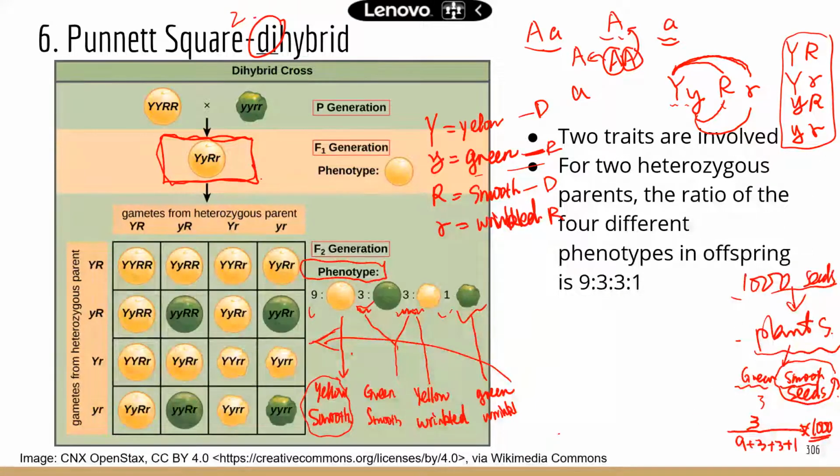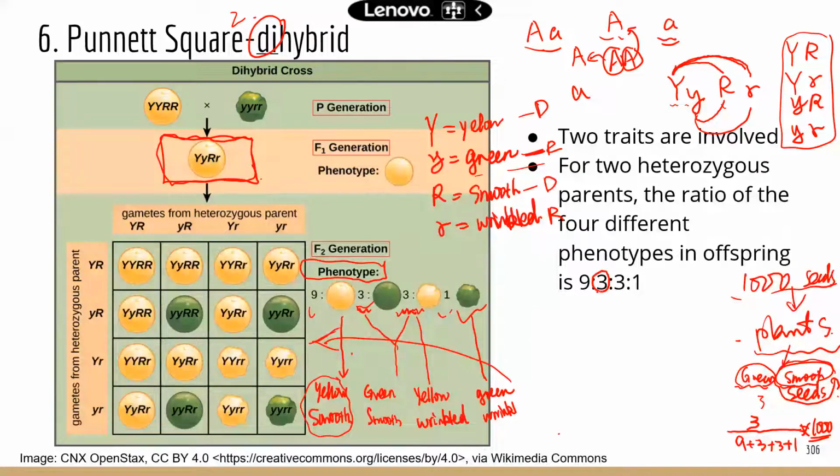Okay, now you figure out that plants with green, which is recessive, and smooth seeds, smooth is dominant. So the plants are going to be in one of these groups, right? It will definitely have a number of 3 in the ratio. Now you just need to figure out the percentage or the proportion of this particular group of individuals within the entire population, which is 1,000 seeds, right?